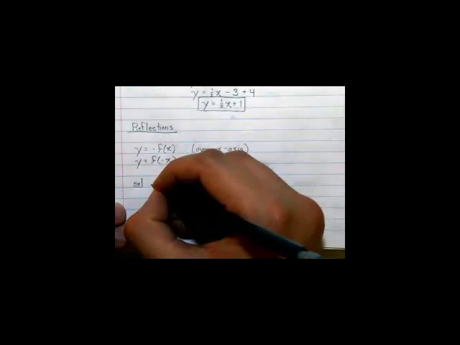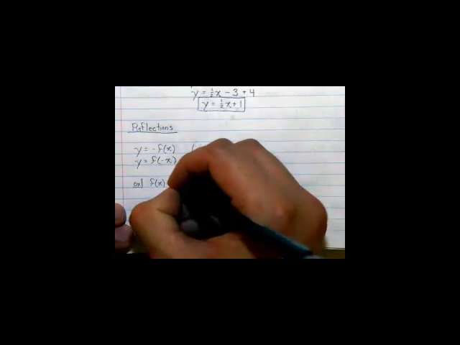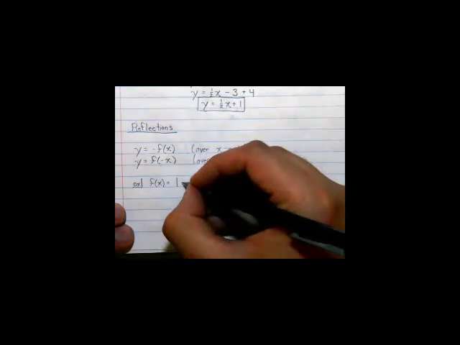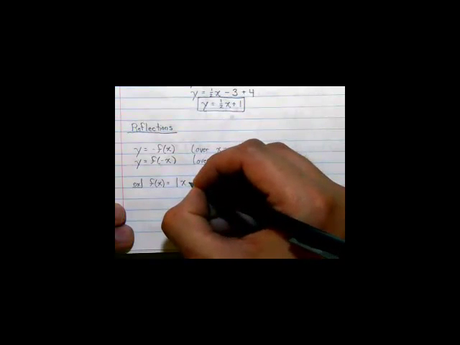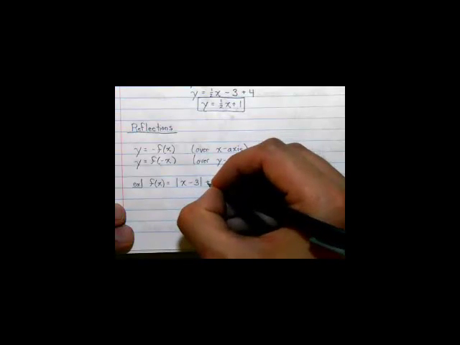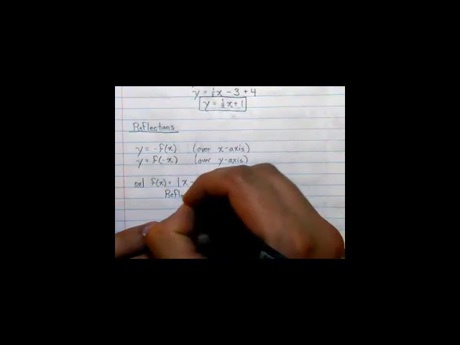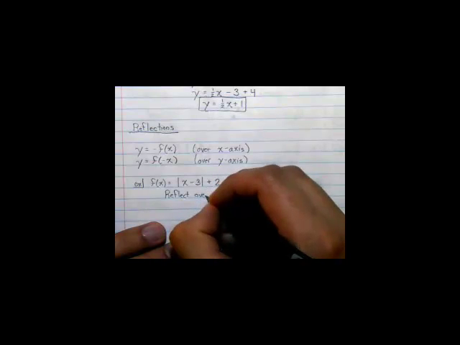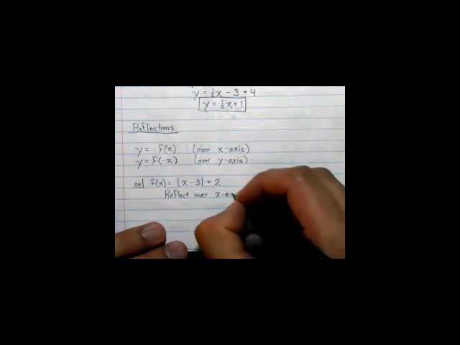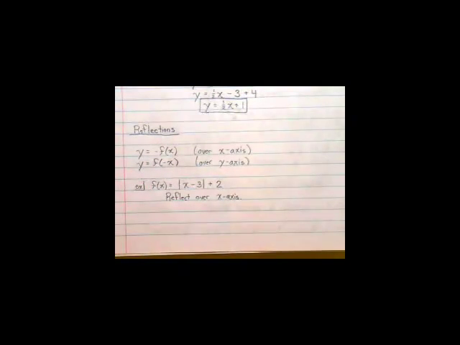So let's say my starting function, we'll go back to an absolute value one here again. Let's say our starting equation is f of x equals the absolute value of x minus 3 plus 2. And I want to reflect over the x-axis. So that means take that entire equation and just stick a negative in front of it.